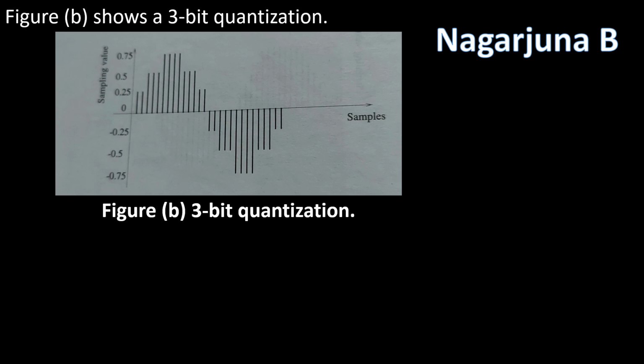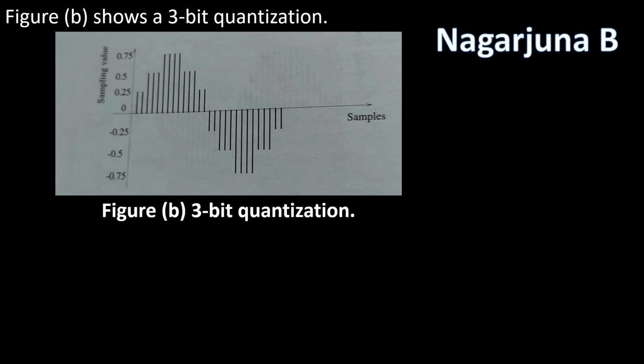These sampled values are the quantized signal, that is a digital signal. As I told, 2 to the power of 3 means 8 possible values.